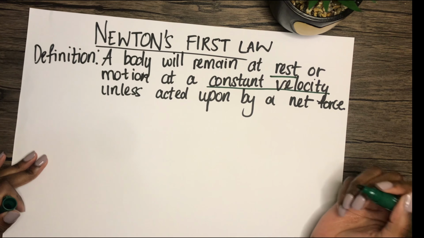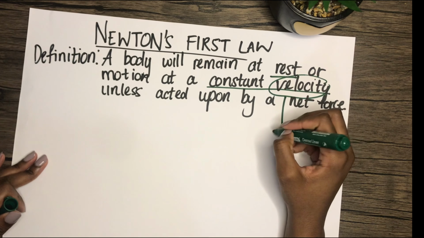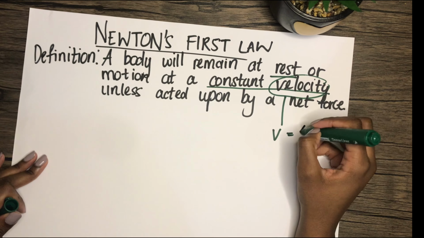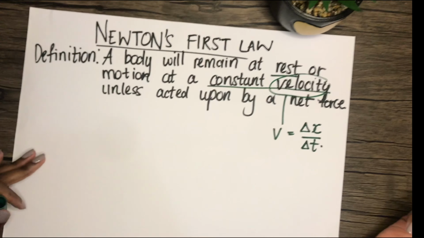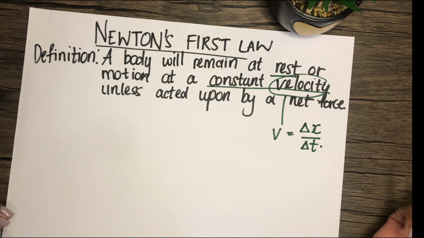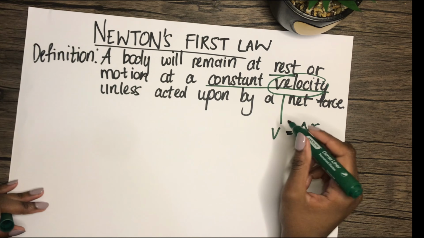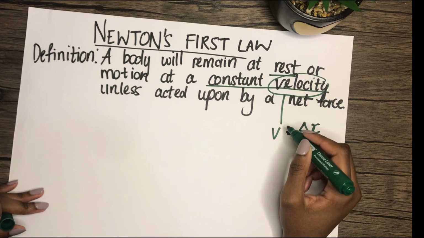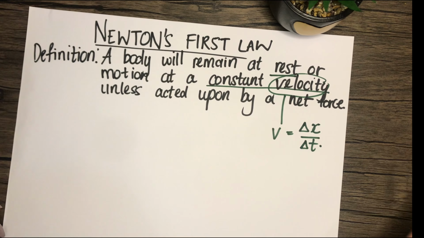What is velocity? If you remember, velocity was change in x over delta t, the rate of change in displacement. And then we used to say in grade 10 that velocity is a vector quantity. If you remember well, vector quantities are those with magnitude and direction, and scalar quantities were the ones with magnitude only.